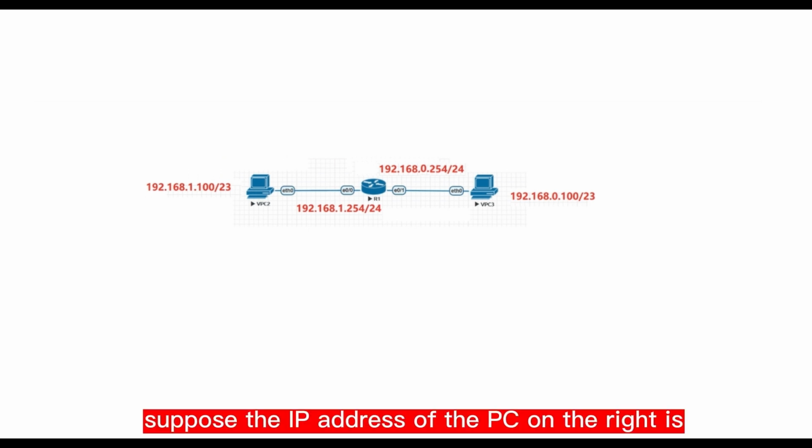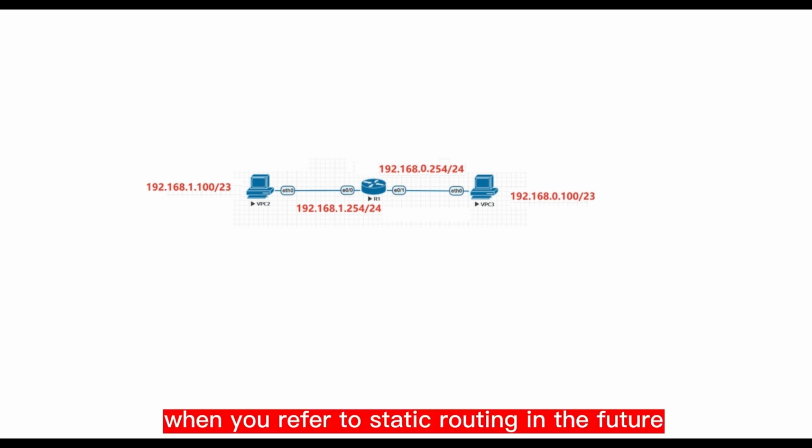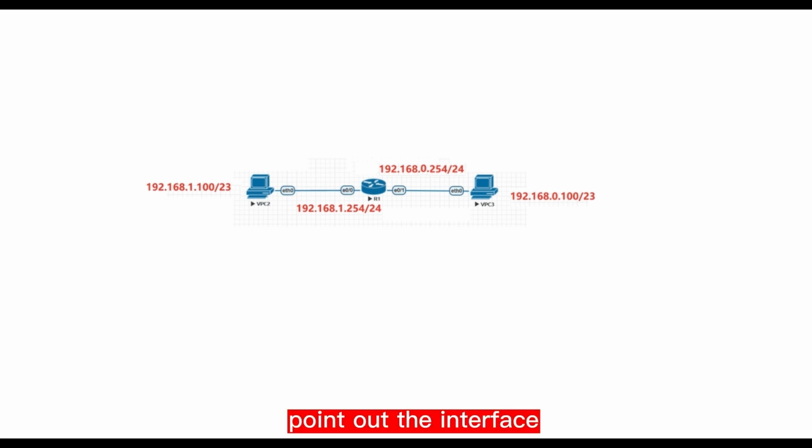Suppose the IP address of the PC on the right is 192.168.0.100, with a 23-bit mask. Actually, for ARP proxy, when you refer to static routing in the future, pointing out the interface will also have some relationship with it.